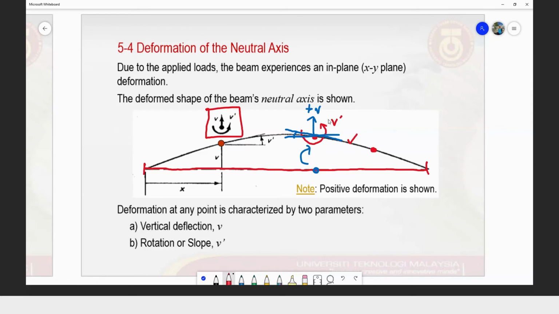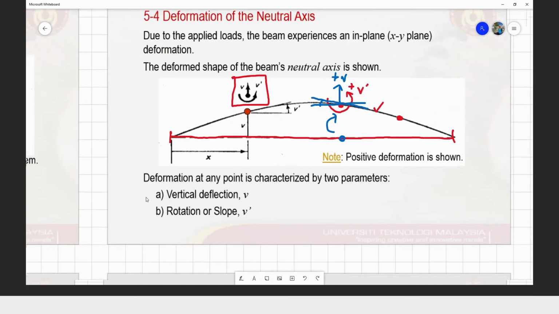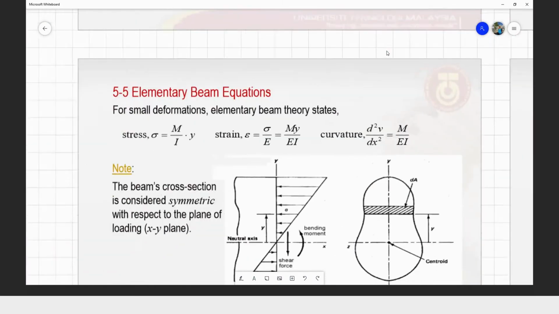Then the rotation is positive in anti-clockwise direction. So this is the sign convention that we have to follow for solving the beam problems in finite elements. So beam dia boleh ada vertical deflection, displacement dan juga rotation ataupun slopes.